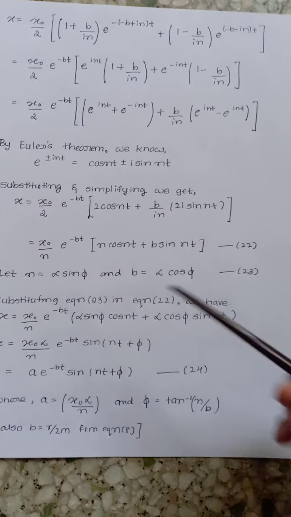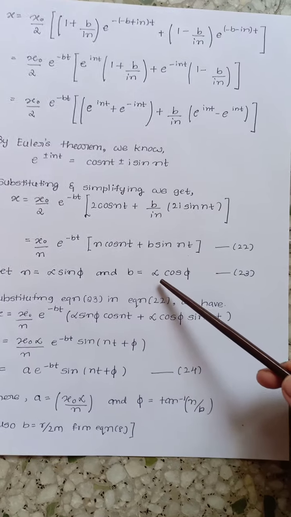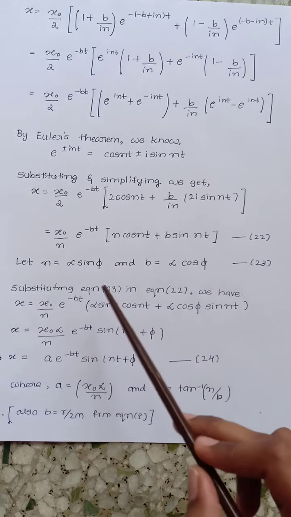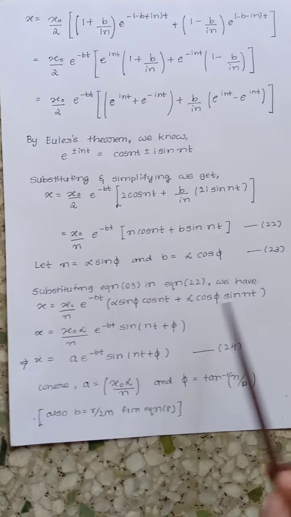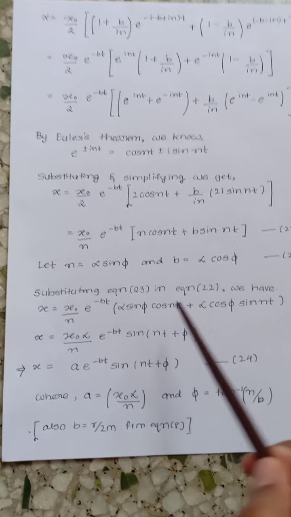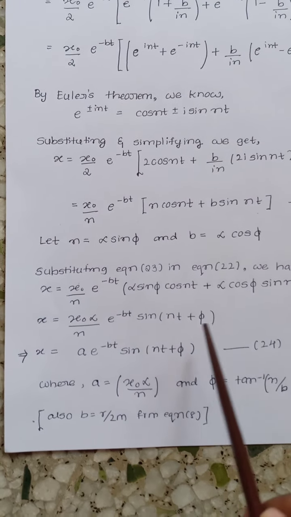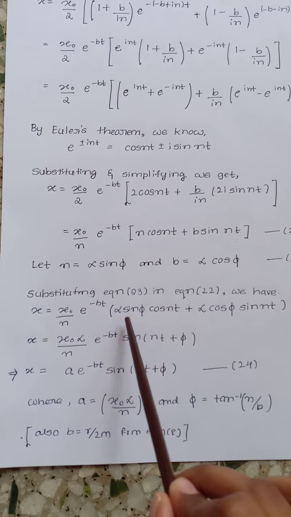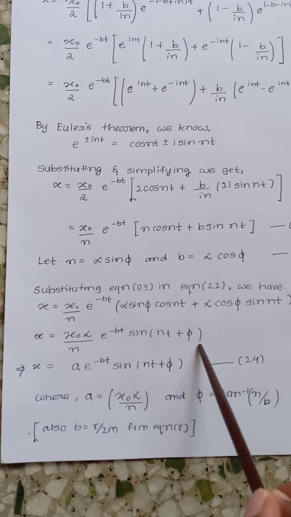Now let us take n equals alpha sin phi and b equals alpha cos phi. Substitute the values of n and b in equation 22 and you will get this. Now you can write this as sin of nt plus phi, because this expression is of the form sin a cos b plus cos a sin b, which is nothing but sin of a plus b.